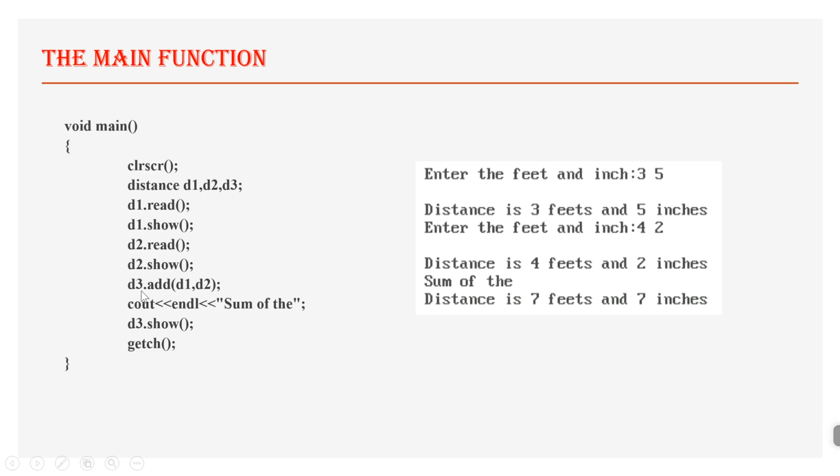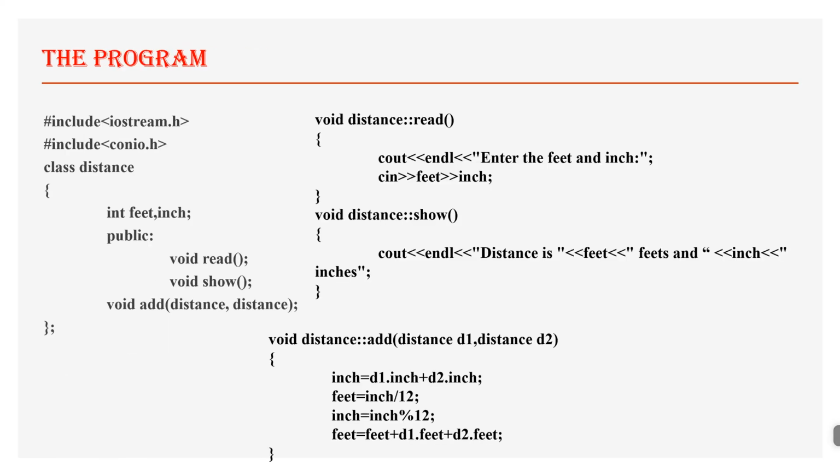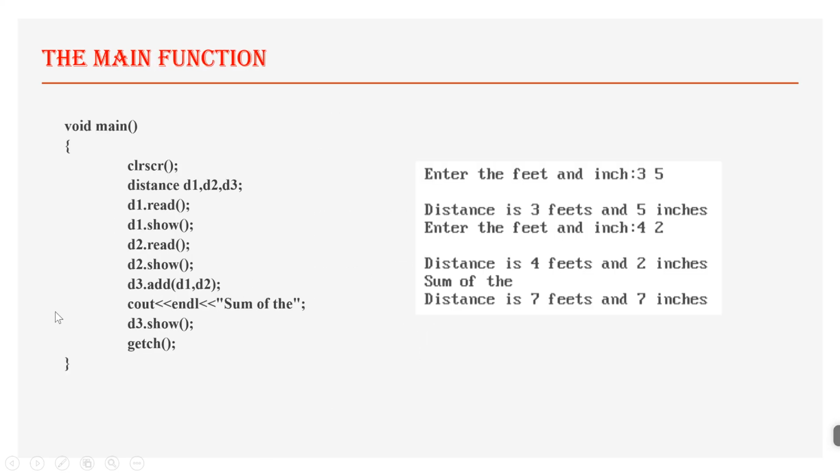Now I'm adding the two distances by D3 dot add, and the parameters are D1 and D2. What are D1 and D2? D1 and D2 are the objects which I am passing into this function.